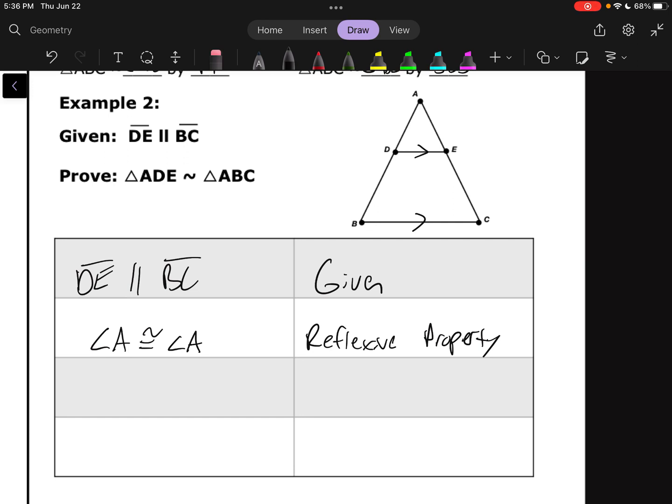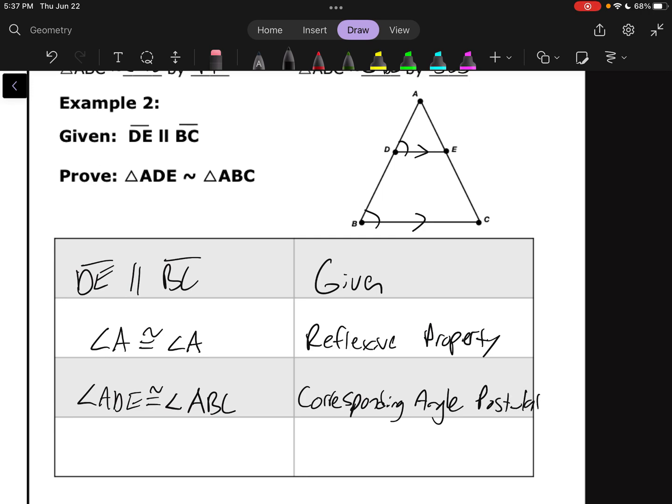And then maybe these two angles, since they're corresponding angles, would be angle ADE congruent to angle ABC by the corresponding angle postulate. And that's going to let me say triangle ADE is similar to triangle ABC by AA.